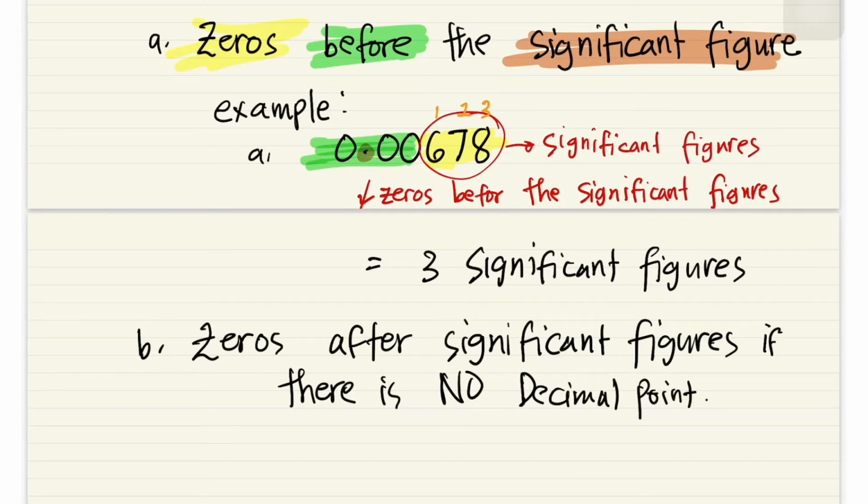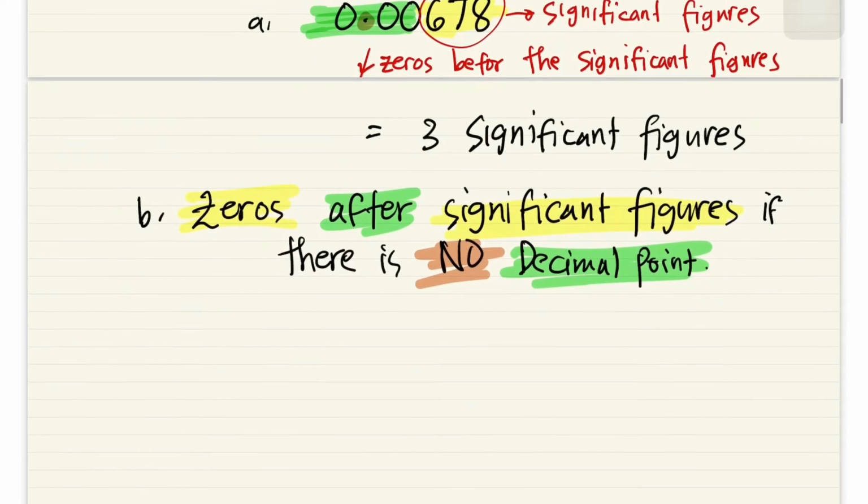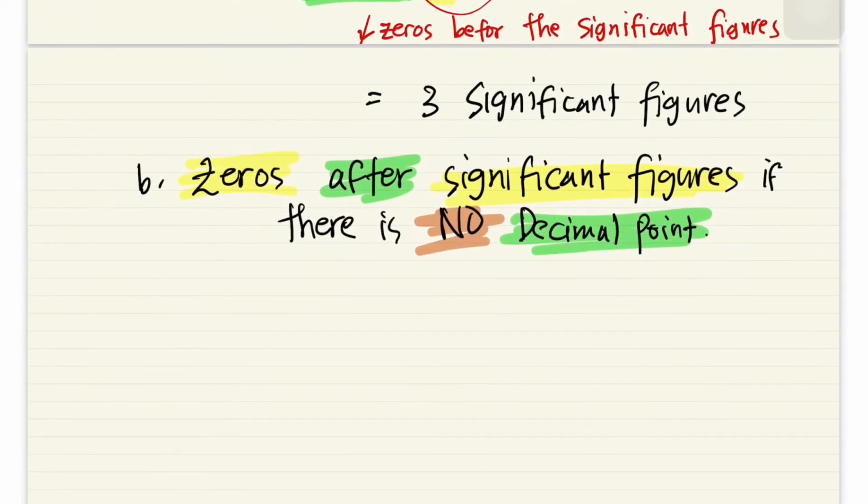All right, again, focus on this. Zeros after significant figures with no decimal point. Okay, zeros after the significant figures if there's no decimal point, and it is not significant.